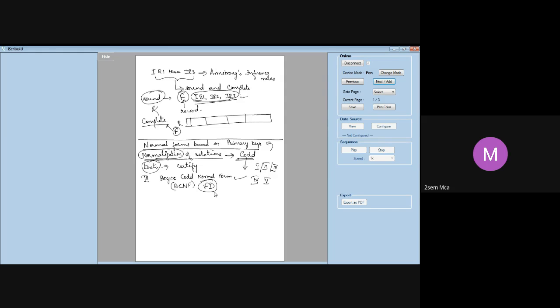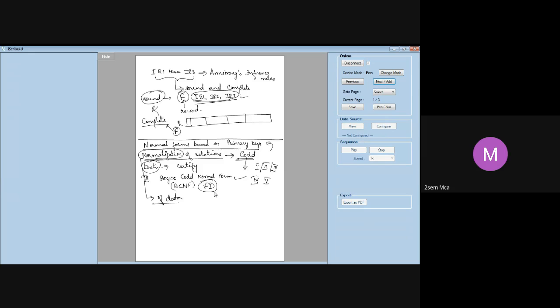All right. Now, normalization of data. When I say normalization of data, you are trying to analyze the given relation based on its functional dependencies and primary key.